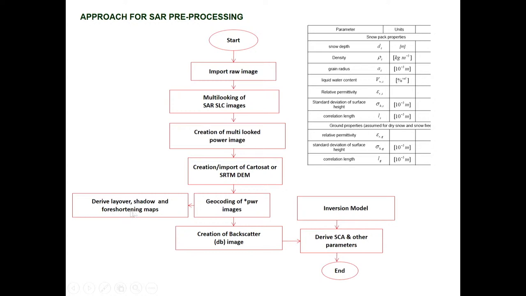Based on this, we can also identify the layover, shadow, and foreshortening. I will let you know what all these are, the problems associated with the SAR data, and then we can generate a backscatter image. If we have this information available with us, we can use inversion models to identify the snow cover area, with emphasis on wet snow and dry snow, using this kind of approach.